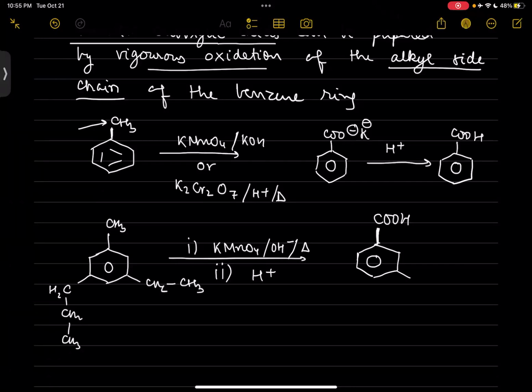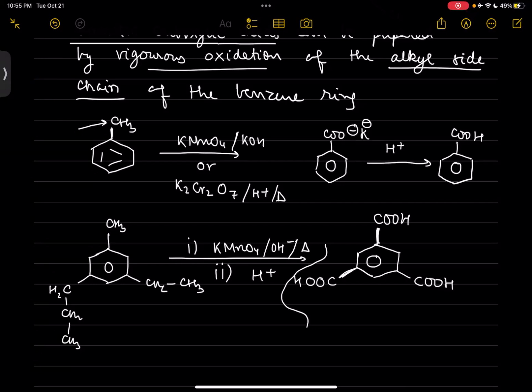What should I write here, in place of ethyl? Carboxylic acid. Okay. All the rest of the carbon will come out. And here you had propyl, Marwa. What should I write? COOH. Is it clear or not?